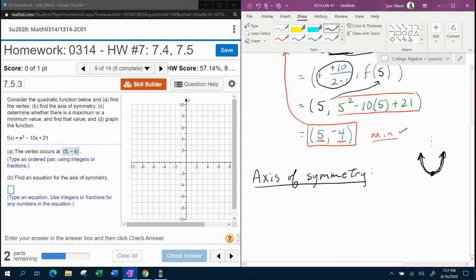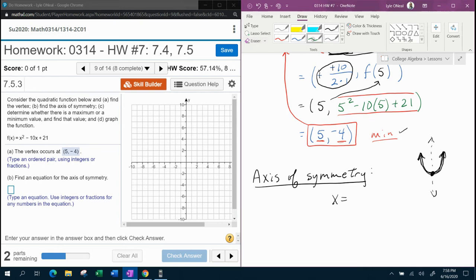But the axis of symmetry is a vertical line that cuts right through the vertex. So since the axis of symmetry for a parabola that opens up or down is a vertical line, that means it has to be x equal to some number. Well, that number is going to line up with the vertex, and so that is going to be the x coordinate of the vertex.